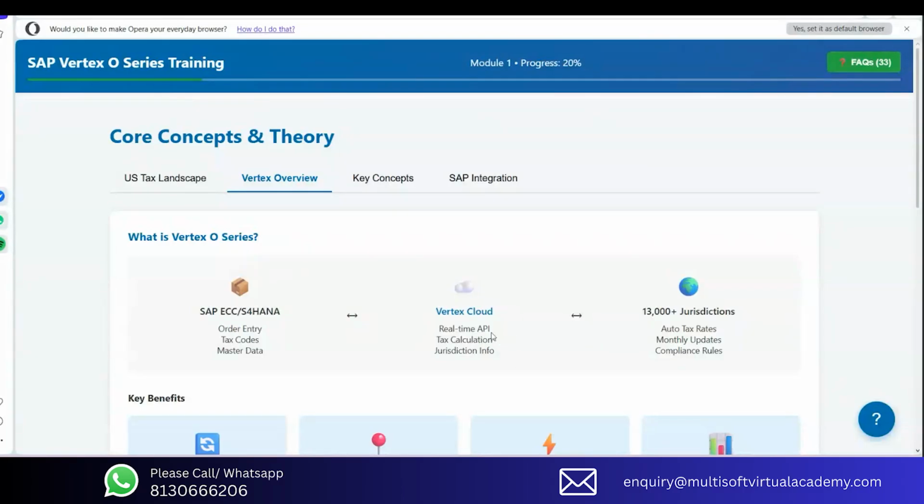API is the key. It's very sensitive information. Here we have a private key and a public key. When you are entering the data, Vertex needs to capture this information, customer data and all those things, so it reaches Vertex.